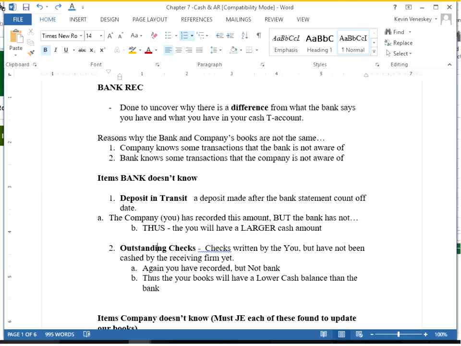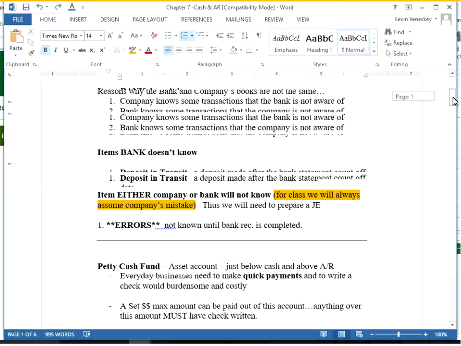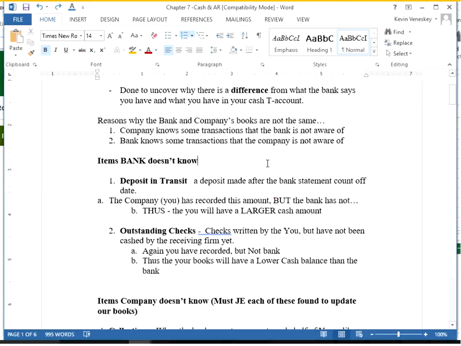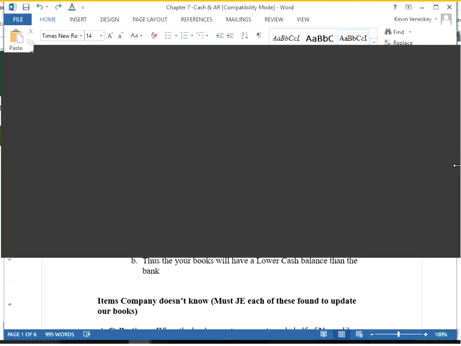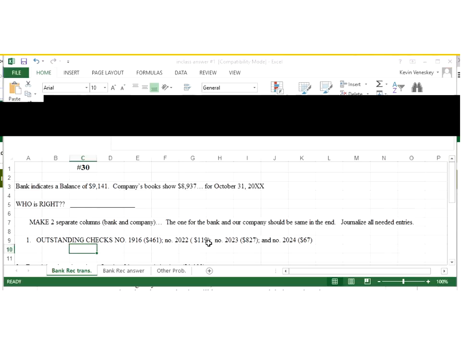So we're going to switch over at this point, and I'm going to bring up our example and how it's going to look in Excel. I'll bring up this example, it was number 30. Here it is, and let me show this in Excel.